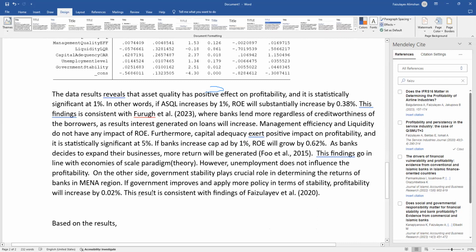So based on the results, the whole model is validated or best fitted. The whole model is validated.